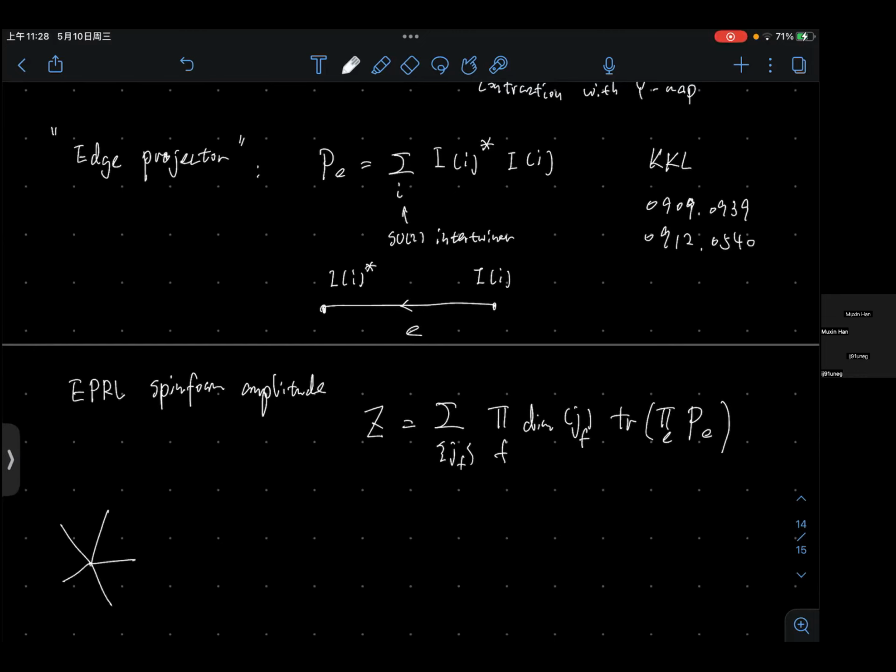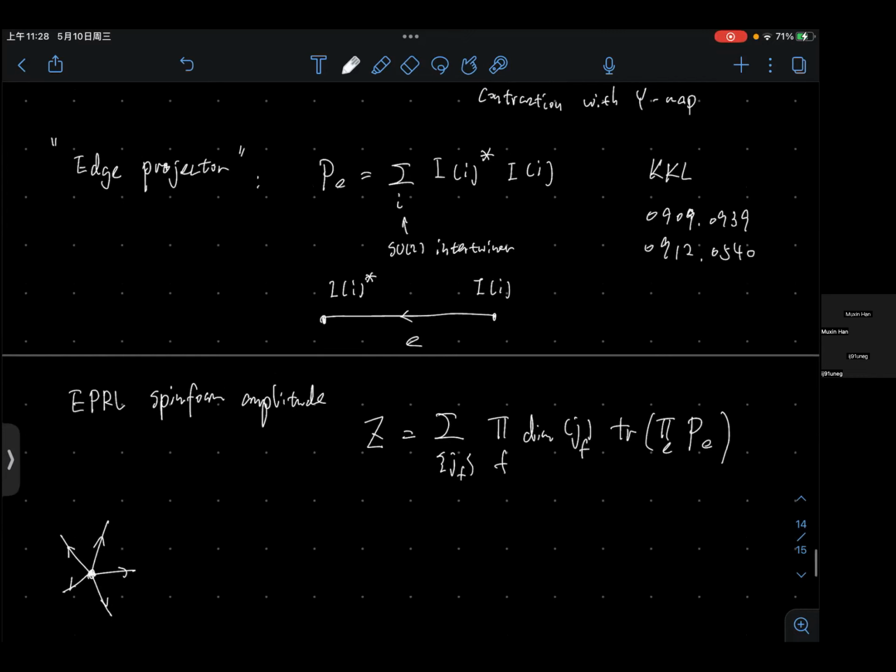Okay, so let's look at a single vertex with 5 spinfoam edges. Now let's say all of these edges are outgoing. Then from the picture above, you can see that the begin half edge is associated with the EPRL intertwiner.